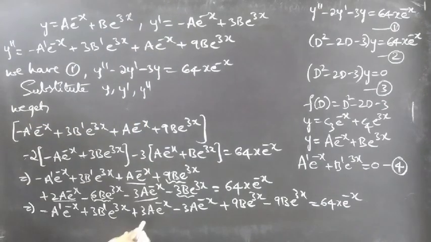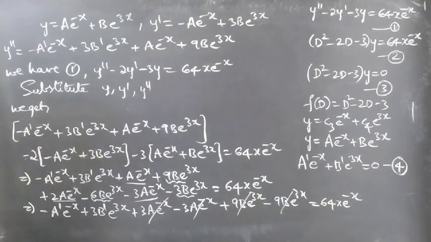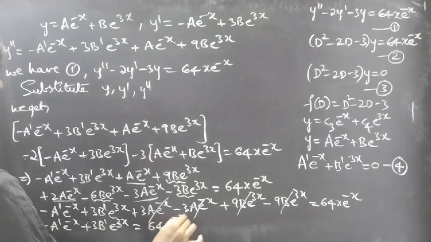So here, plus 3a e power minus x minus 3a e power minus x gets cancelled. Likewise, 9b e power 3x and minus 9b e power 3x gets cancelled, and this results in minus a dash e power minus x plus 3b dash e power 3x equal to 64x e power minus x, considered as equation 5.